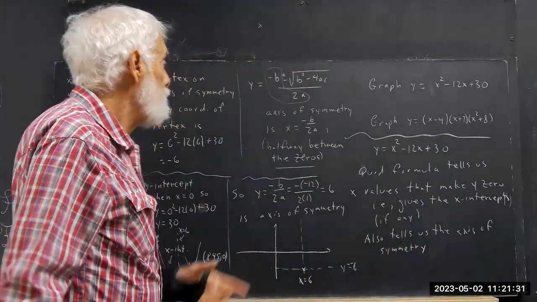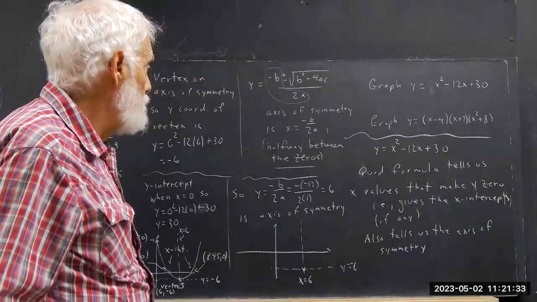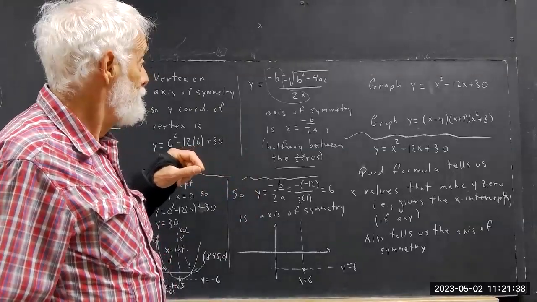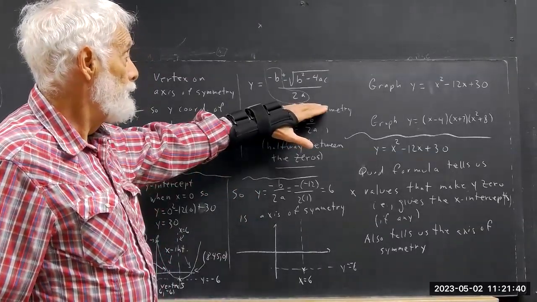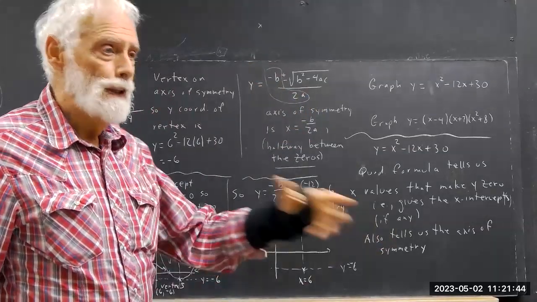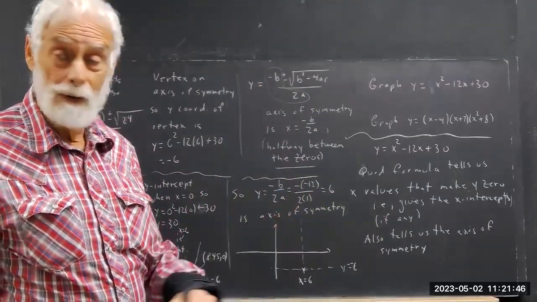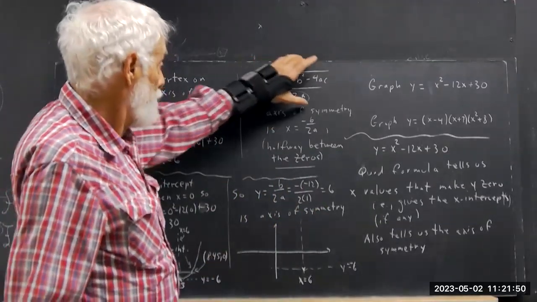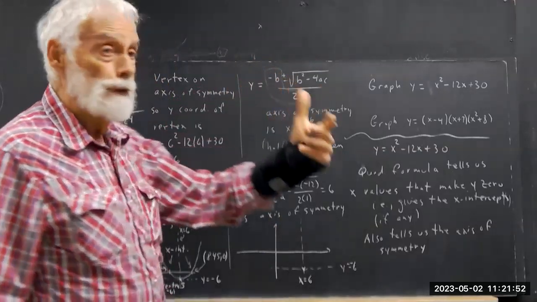Well, here it is. The axis of symmetry. Where do we see the axis of symmetry in here? Well, I circled it. I've done that numerous times in this course. Okay. This expression tells you when y is equal to 0.